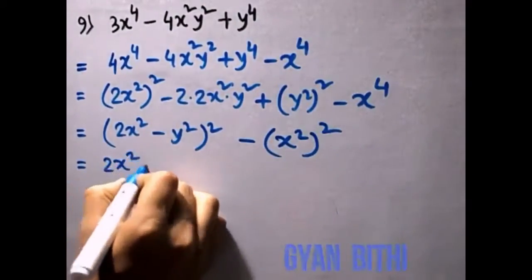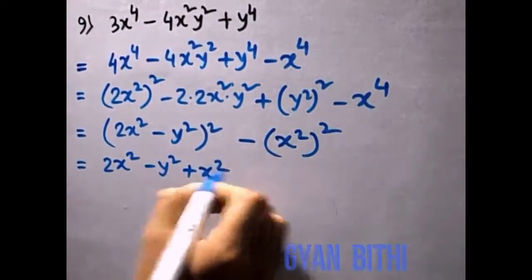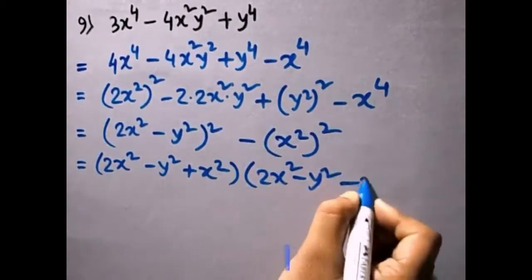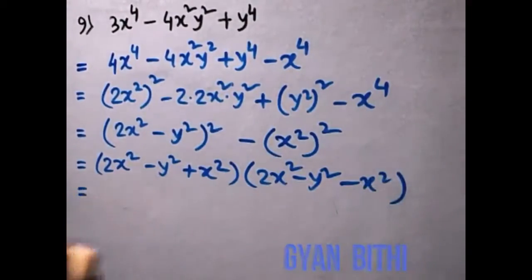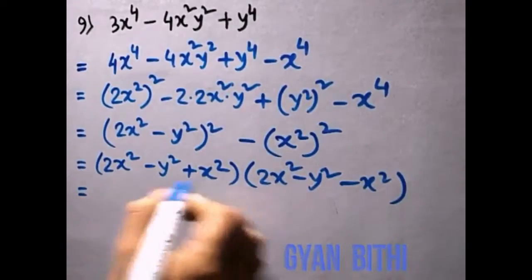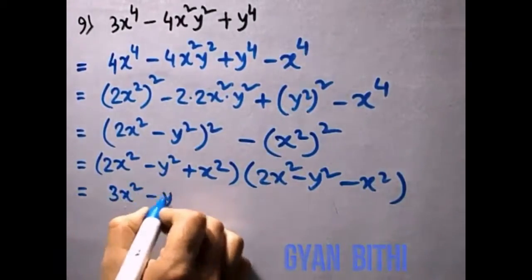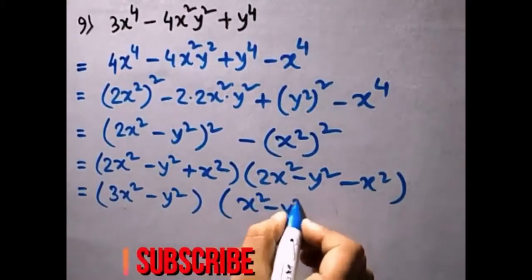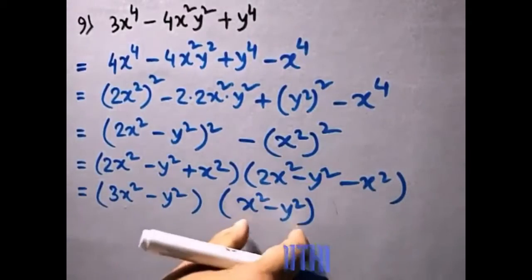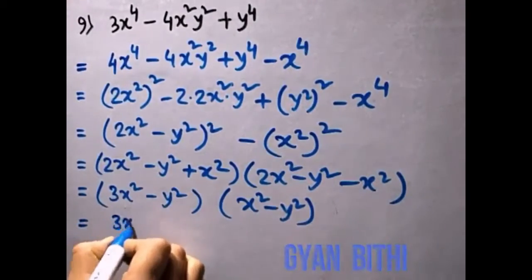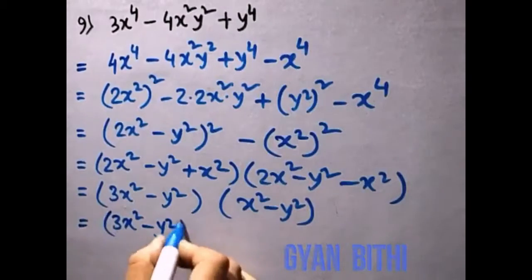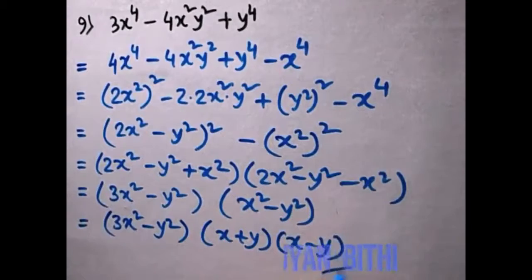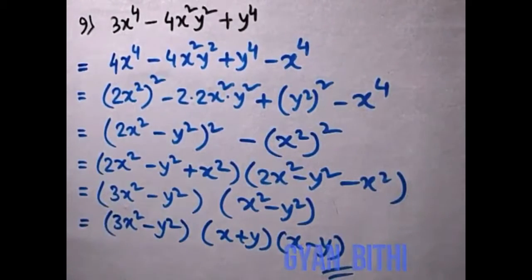So a plus b into a minus b, equal to 2x square plus x square, so 3x square minus y square into 2x square minus x square, that is x square minus y square. So this will split in two forms: 3x square minus y square into x plus y into x minus y. This is the factorization.